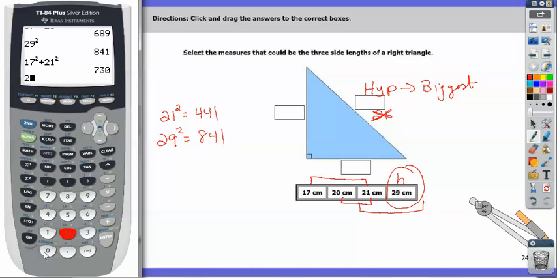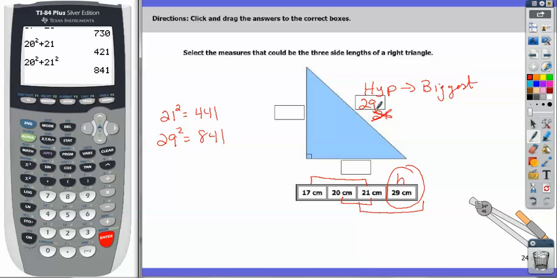So let's try 20 and 21, and let's see what we get. Oh, I didn't square it. 20 and 21, 841. So I know that this one has to be 29, and it doesn't matter where I put them, but it's 20 and 21.